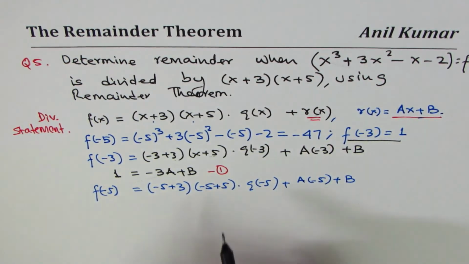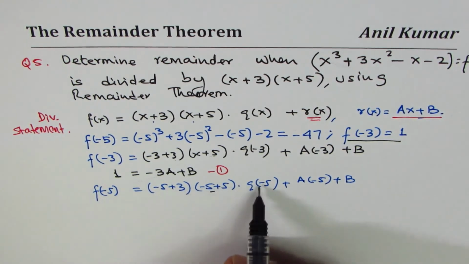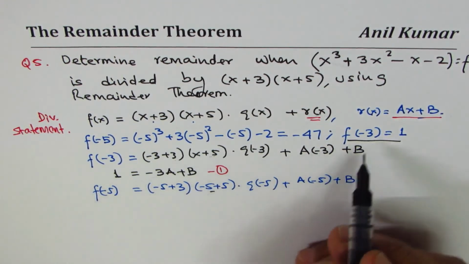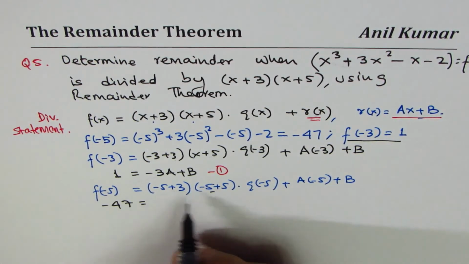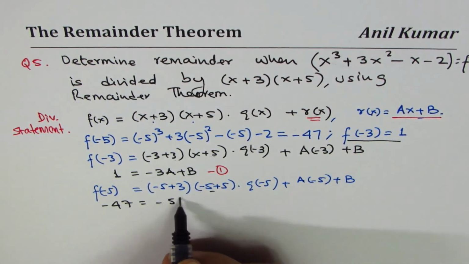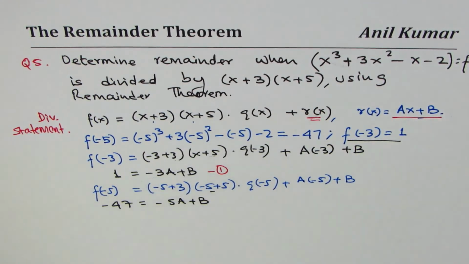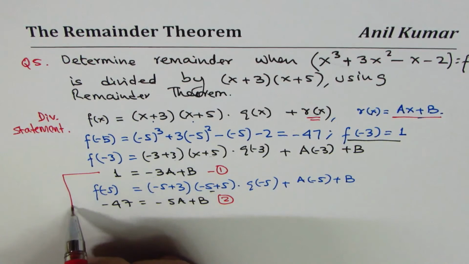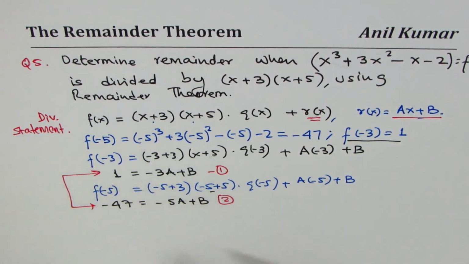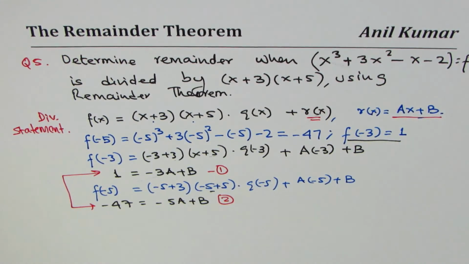Now as you can see, this portion is 0, and 0 times anything is 0. f of minus 5 we calculated as minus 47. Since this is 0, we are left with minus 5a plus b. And this is our equation number 2. So we have these two equations to work with. Two variables. We can always find the values of a and b, correct? Once we find a and b, we know what the remainder is.